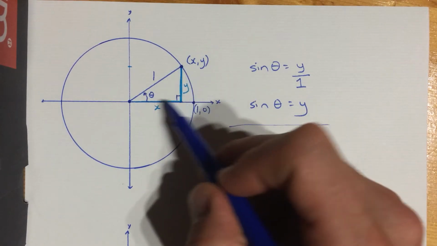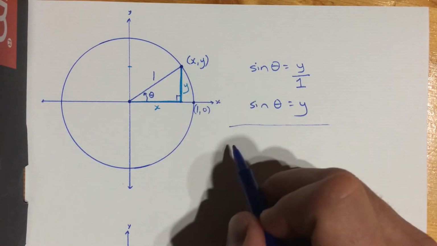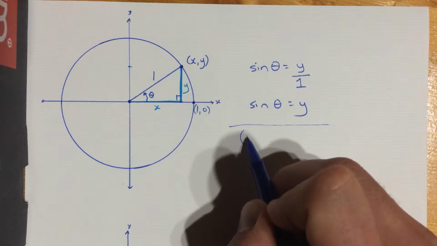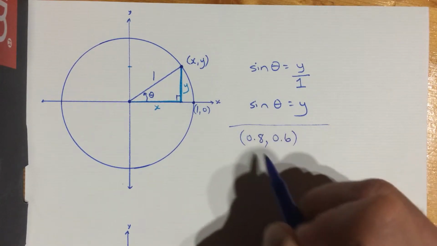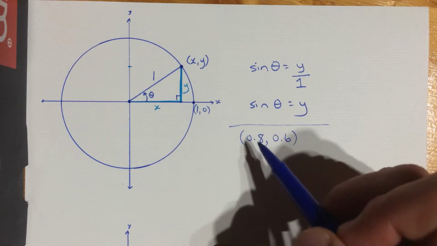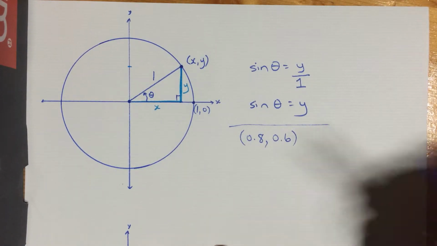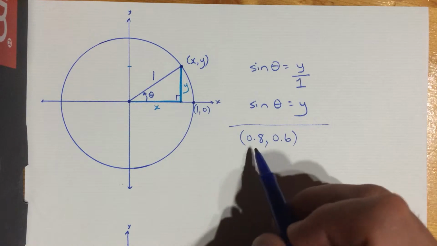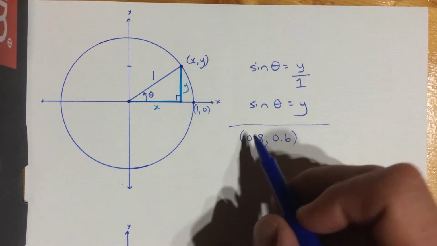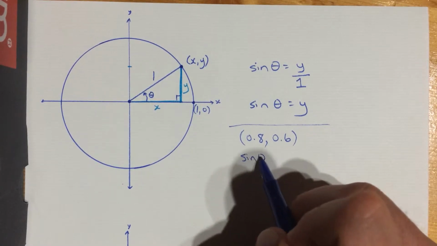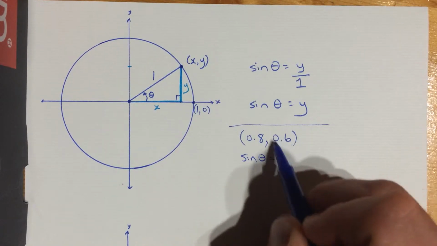For example, let's put in our actual values from before. Let's say I have the same triangle as before. That will make up my x and y values. X would be 0.8 and y would be 0.6. You'll see if you multiply those numbers all by 5, you'll get the same numbers as we had before. So if that's this point here on the circle, the sine of our angle, theta, is equal to the y value.